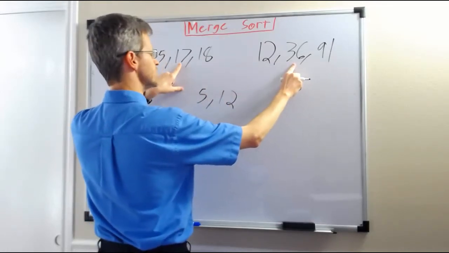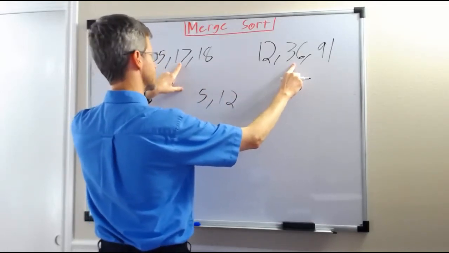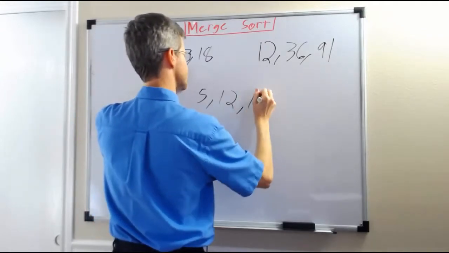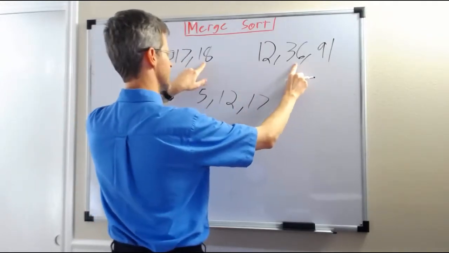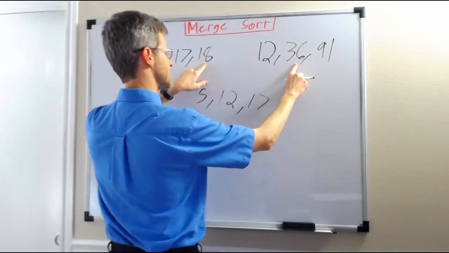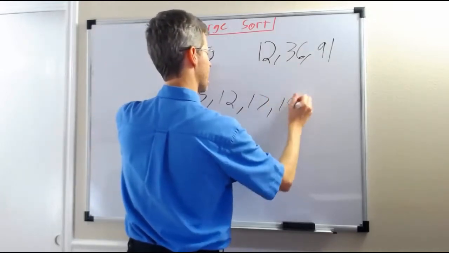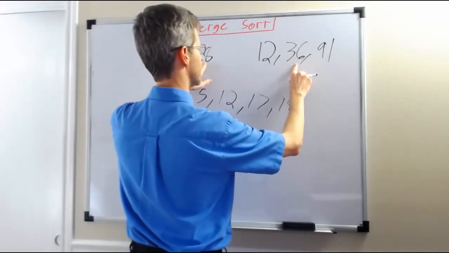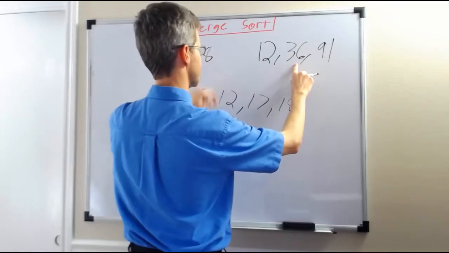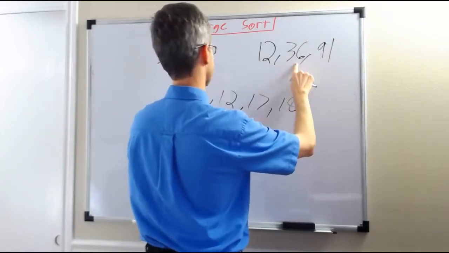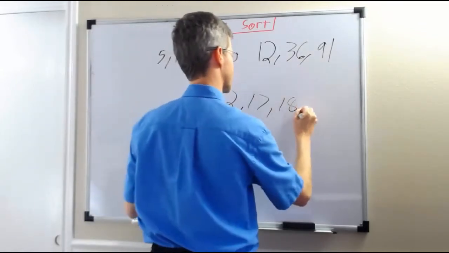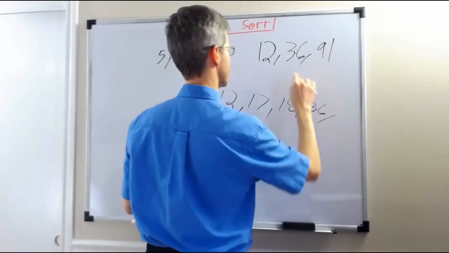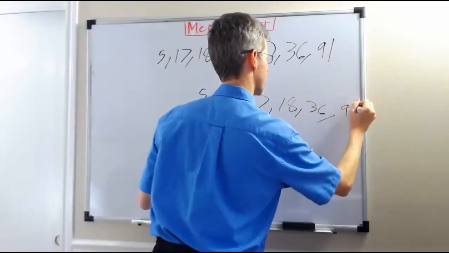And now the 12 is used up, so now either 17 or 36 has to be the smallest, and 17 is, so we use up the 17. Now either 18 or 36 has to be the smallest, and 18 is, so we use up the 18, and that then leaves 36, and then 91.